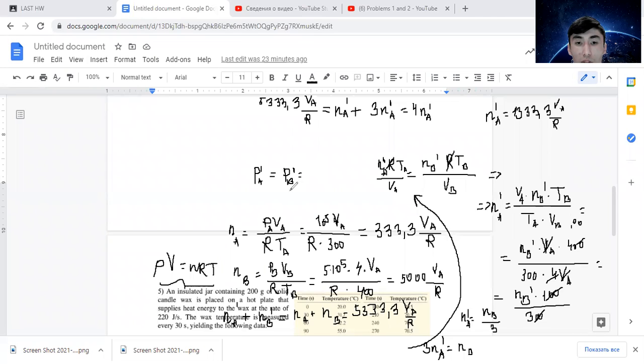So we can put it here. PA and PB are equal. So if we find the pressure of the A container, it will be equal to the pressure of the B container. So we know the equation from the ideal gas equation, NA RT over VA.